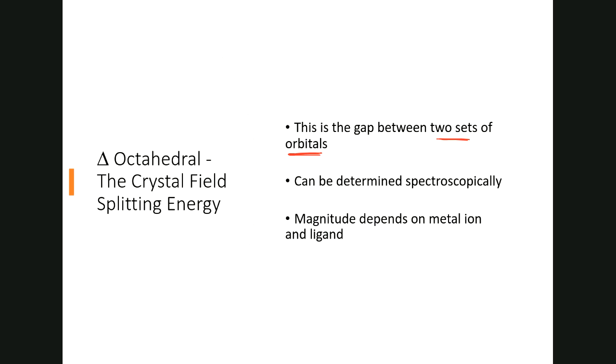Right? So the magnitude of delta octahedral, we can determine spectroscopically. We can take a transition metal complex, put it in solvent, and do a UV-vis spectrum on it, and we can actually measure delta octahedral to see how big that gap is, right? And how big this gap is depends on two things, the metal ion and the ligand bonded to the metal ion.